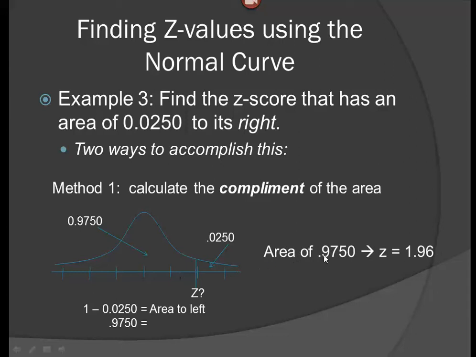Then, if we look this up in our z-table, or if we use our technology, we can calculate that the z-value is 1.96. 1.96 actually has 0.975 or 97.5% of the data to its left. So when we're given an area to the right, one of the ways that we can find the z-value is to take its complement.